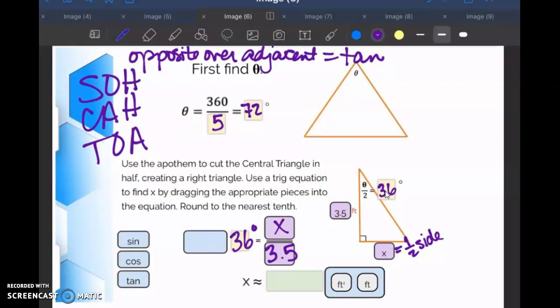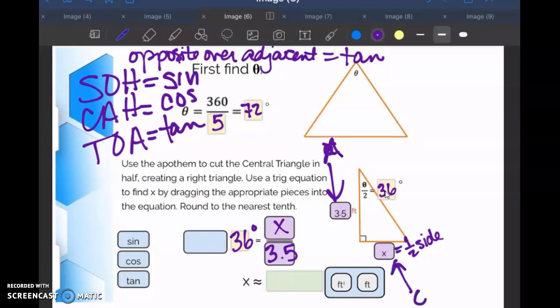SOH, sine, is opposite over hypotenuse. CAH, cosine, is adjacent over hypotenuse, and then tangent is opposite over adjacent. And that's what we have here. This side is opposite our 36-degree angle, and this side is adjacent to our 36-degree angle. So opposite over adjacent is tangent.